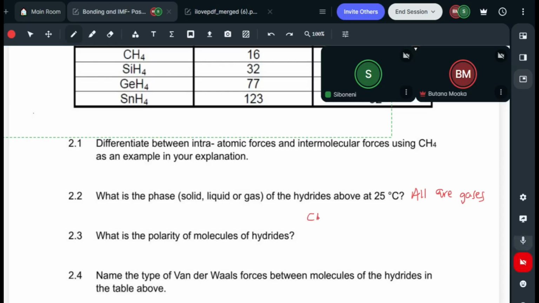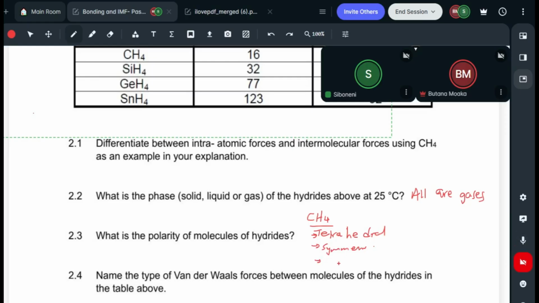Let's talk about this one, CH4. You said this one is a tetrahedral shape. Yes. And we said that it's symmetrical. Yes.